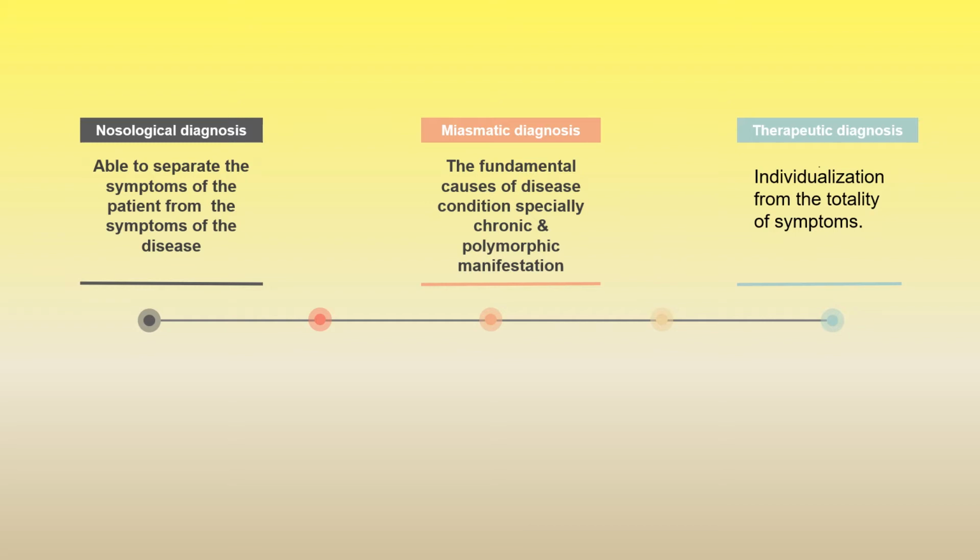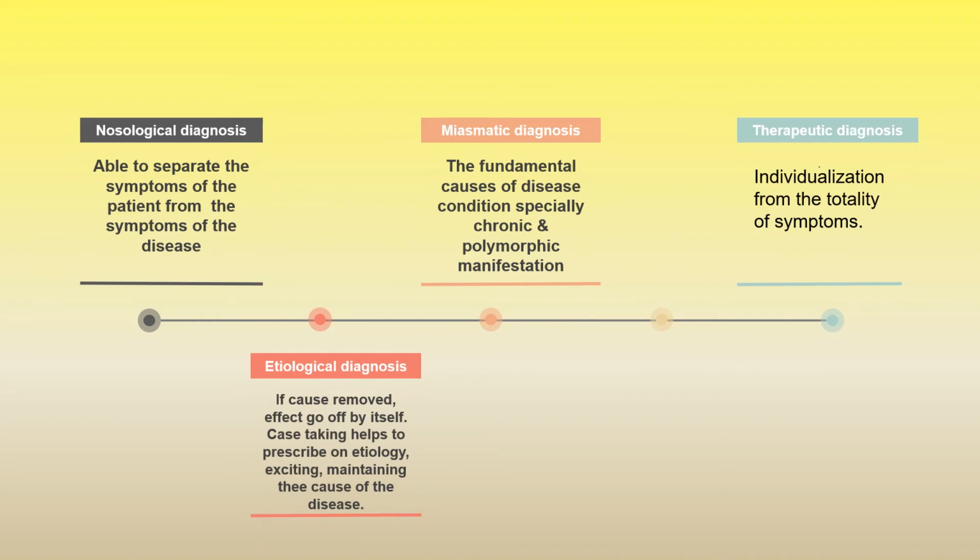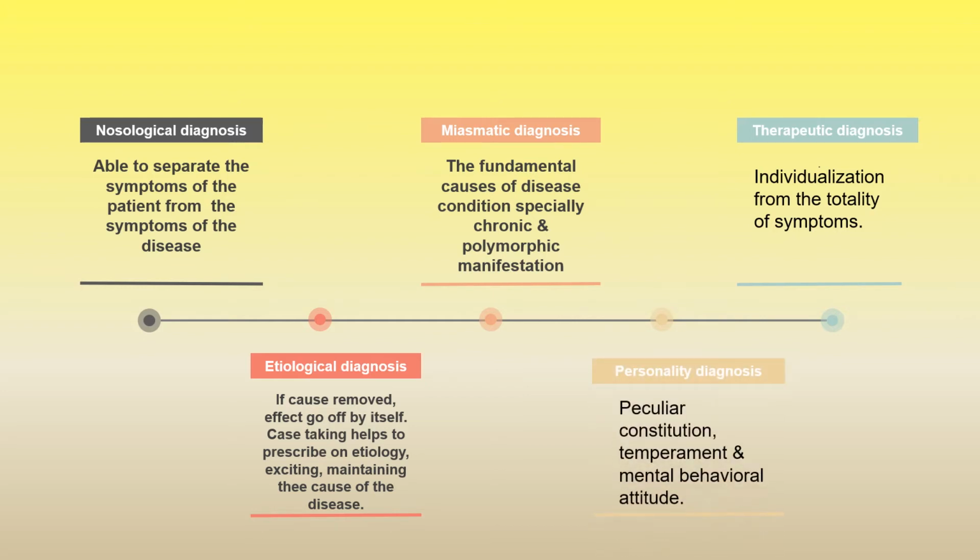Therapeutic diagnosis is individualization from the totality of symptoms. Etiological diagnosis: cause removed, effect goes off by itself. Case taking helps to prescribe on the etiology, the exciting and maintaining cause of the disease. Personality diagnosis covers peculiarities, constitution, temperament, mental behavior and attitude.